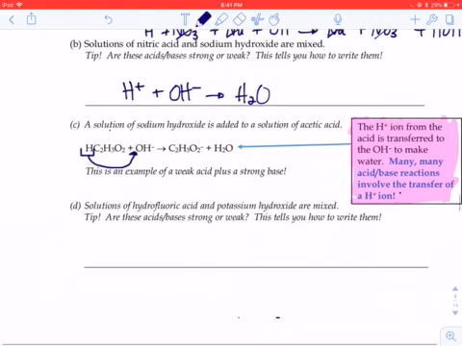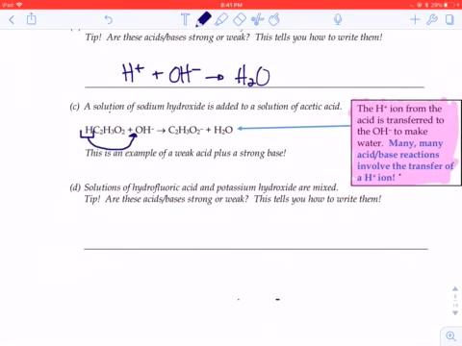Here's another example of that: hydrofluoric acid. Hydrofluoric acid is not on our strong acid list, so we keep it together. If we're reacting that with potassium hydroxide, which is a strong base, we show it broken up.